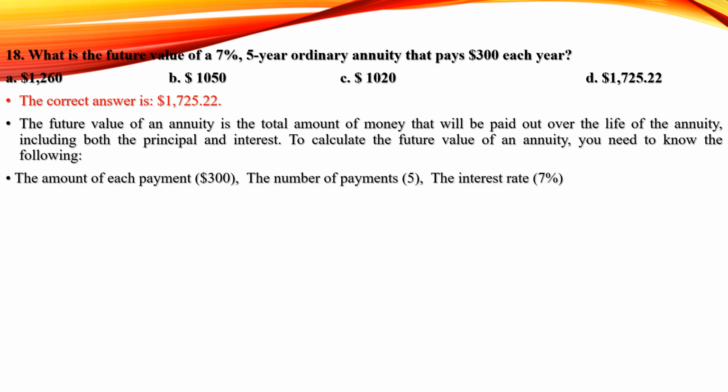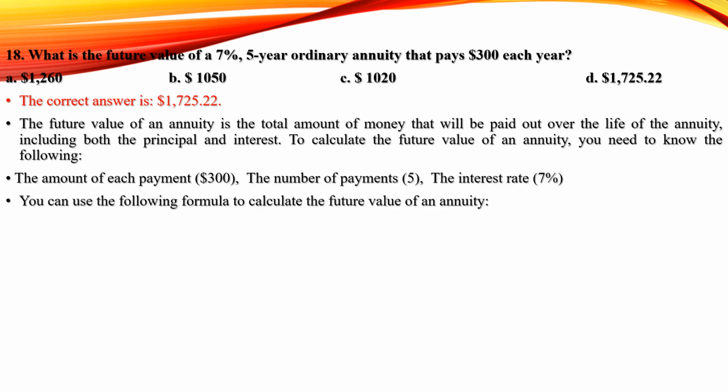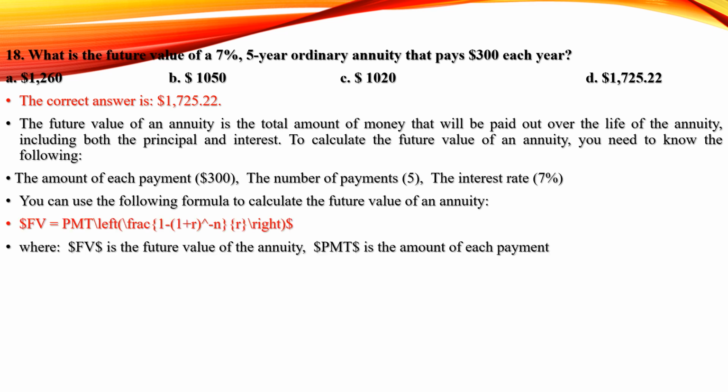Here you have to use the formula to determine this calculation. The future value of annuity is the total amount of money that will be paid out over the life of the annuity, including both the principal and interest. To calculate it, you need to know the amount of each payment, the number of payments, and the interest rate.